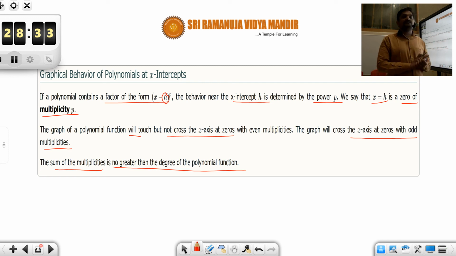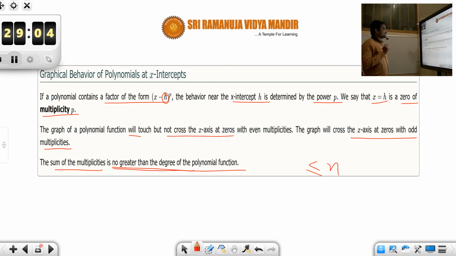But what the fundamental theorem says is that if you are dealing with an nth degree polynomial, then the sum of all the multiplicities is no greater than the degree of the polynomial. That is, the sum of all the multiplicities is always less than or equal to n.